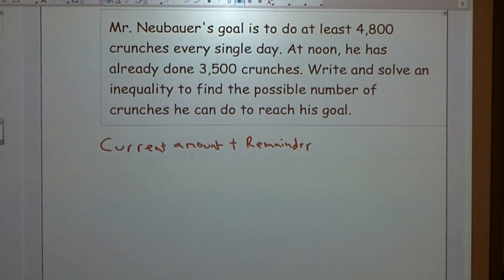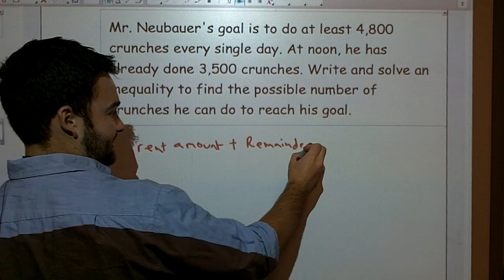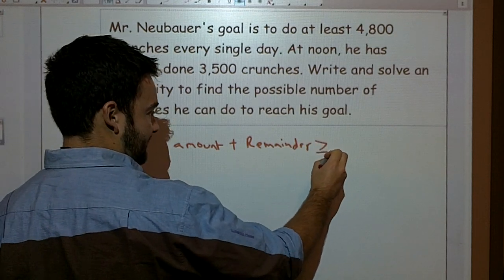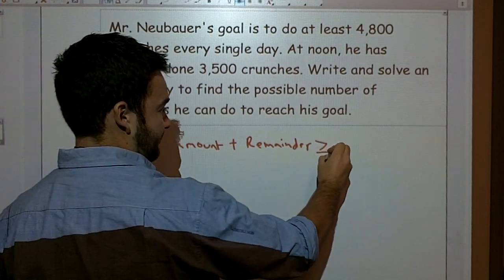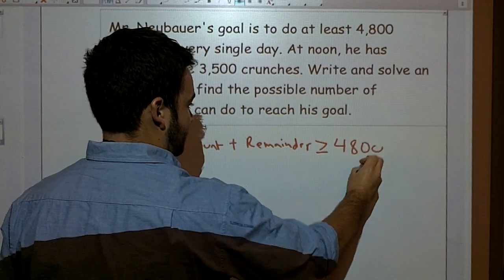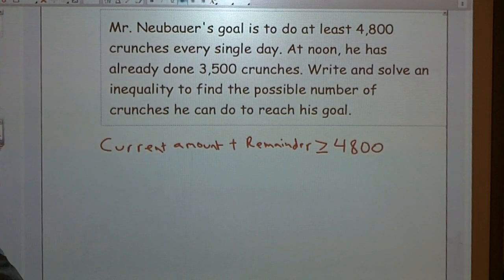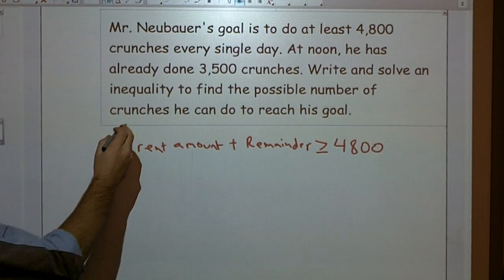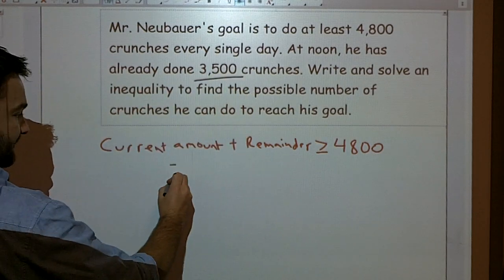It says that I want to do at least 4,800. At least means this amount has to be greater than or equal to 4,800 crunches. Our current amount, we know that so far I've already done 3,500.